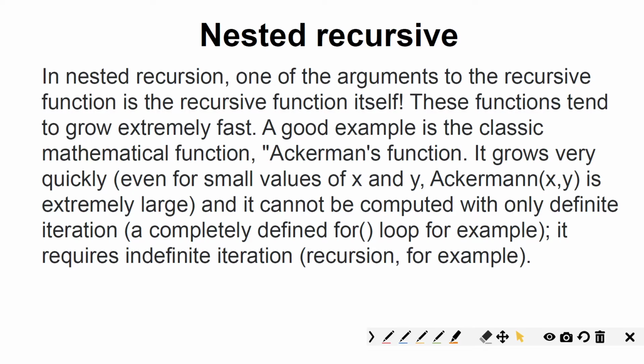It grows very quickly even for small values of x and y. The Ackermann function is extremely large and cannot be computed with only definite iteration, a completely defined for loop, for example. It requires indefinite iteration, recursion, for example.